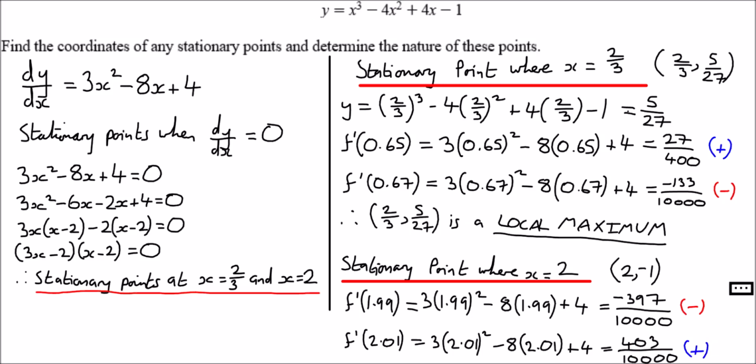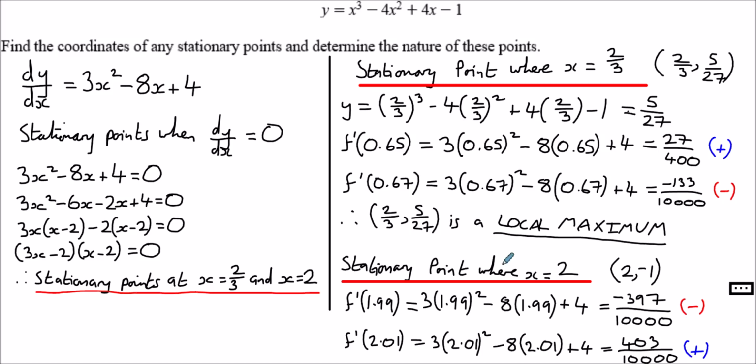So this time we can see the gradient's gone from being negative when we have 1.99, down to 0 when x is 2, and then to 403 over 10,000, a positive value, when x is 2.01.